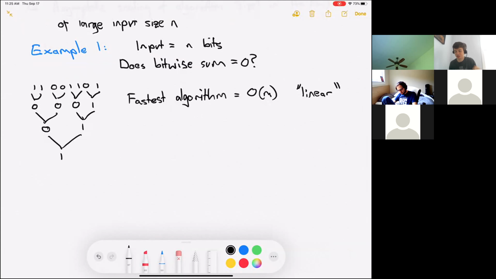One of the first things to know about complexity theory is that it's generally very hard to actually prove that algorithms are optimal.